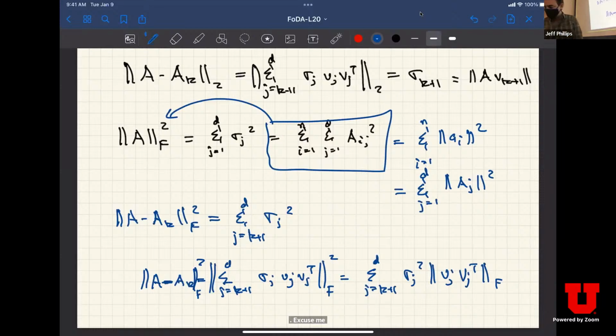I won't go through all of it, but if you work this out, this term should be equal to 1.